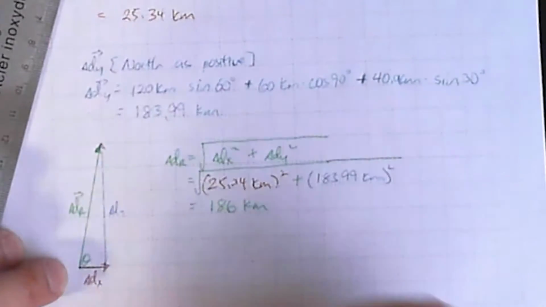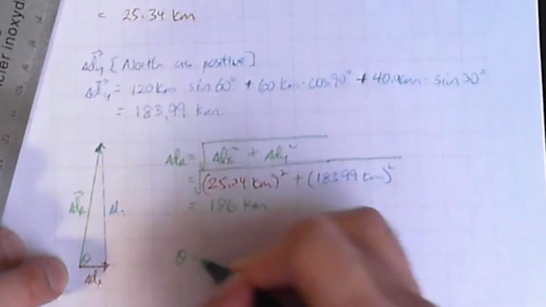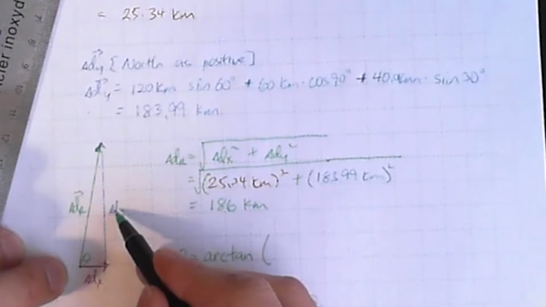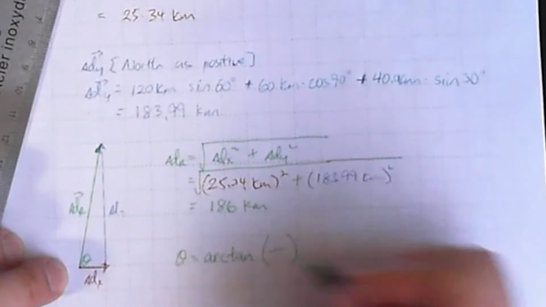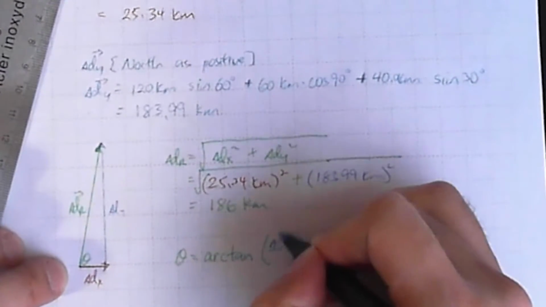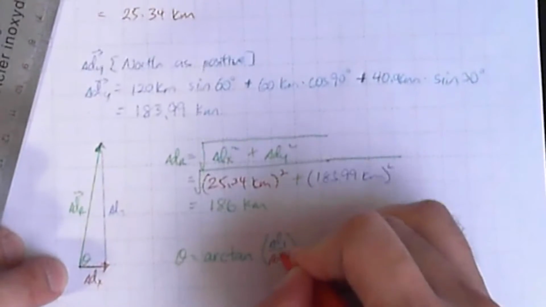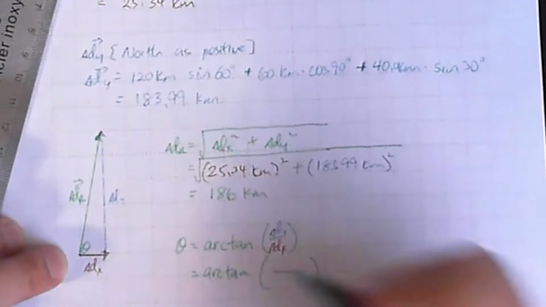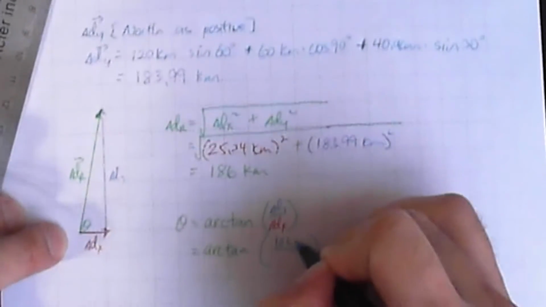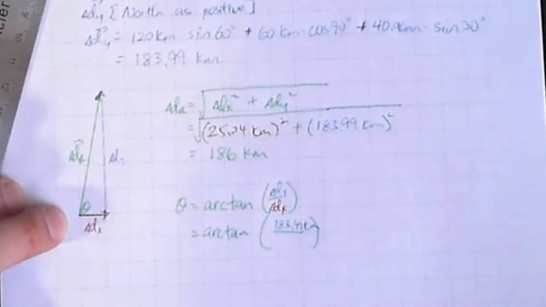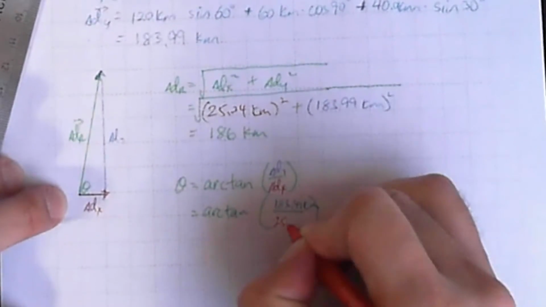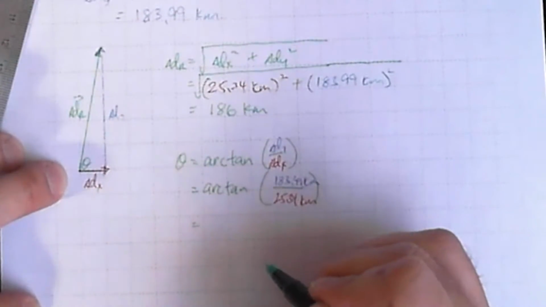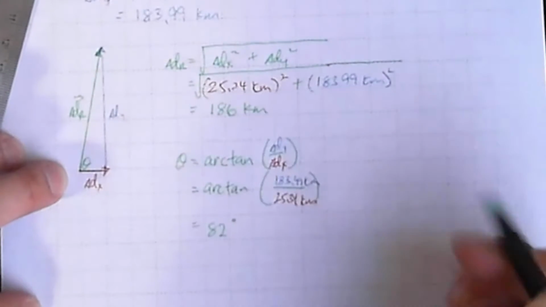Next, by taking a look at this diagram here, we're trying to look for the angle here, and the angle is equal to the tan inverse, or the arctan, of, in this case, the opposite over the adjacent. So according to this diagram, we're going to do delta dy over delta dx. So our dy is 183.99 kilometers, and our delta dx is equal to 25.34 kilometers. Crunch through the math, and we end up with 82 degrees.